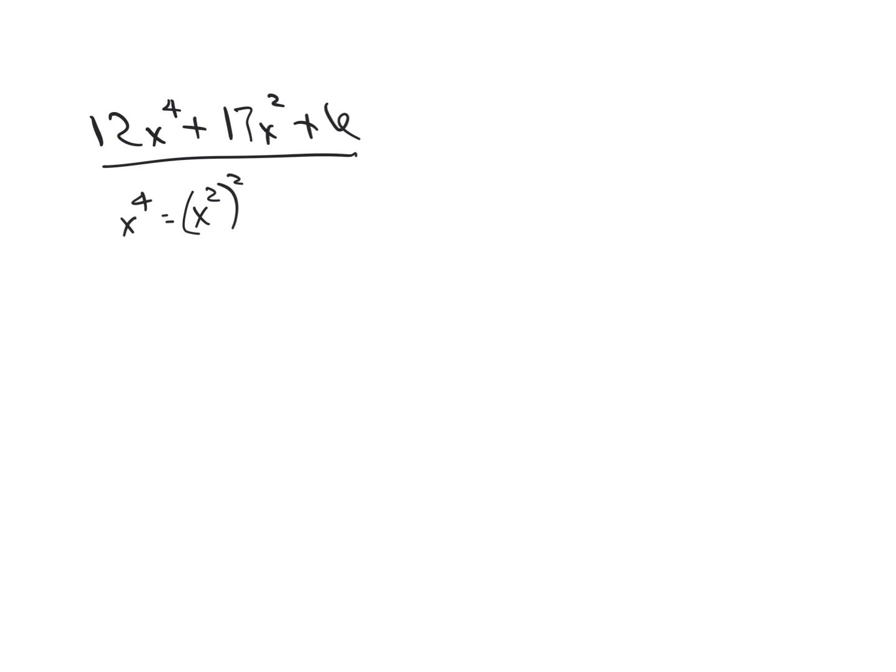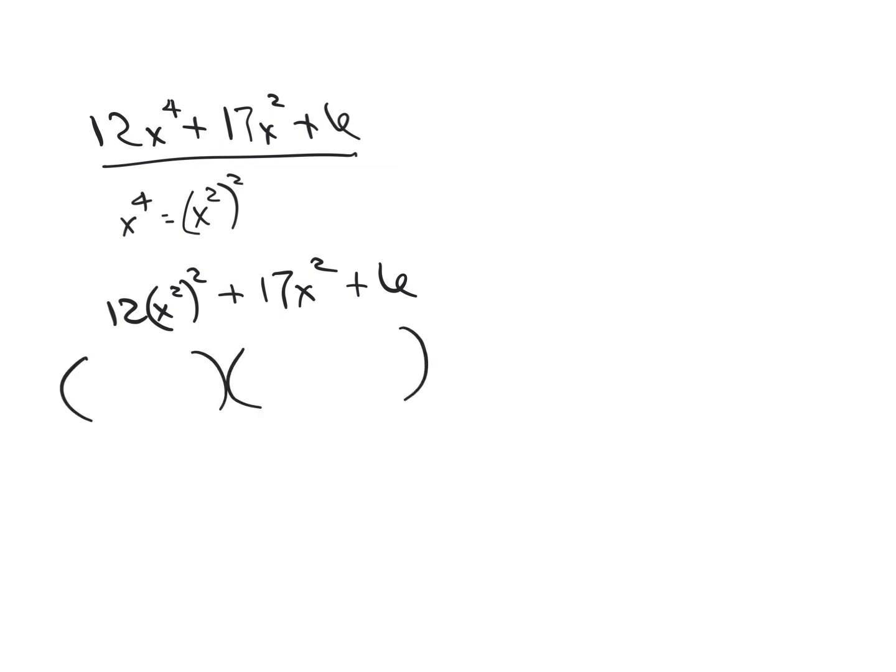If that's the case, I could rewrite this as 12x squared squared. So when I make my two binomials, I'm going to have an x squared here and an x squared here, so that when I multiply the first terms in FOIL, x squared times x squared, I get an x to the fourth back.